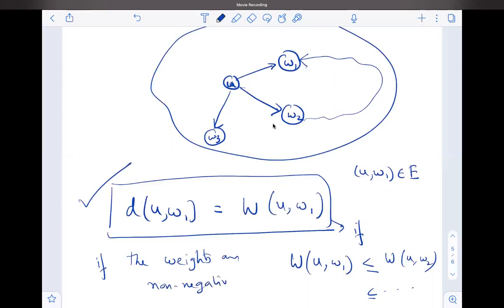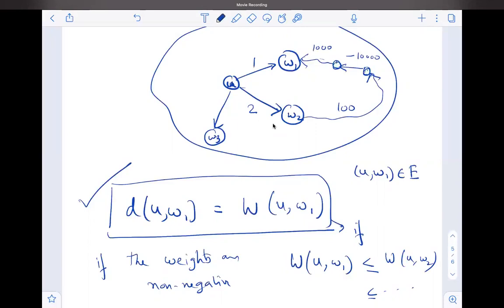You can have a negative weight, and there is an edge coming in somewhere in a very weird place. Maybe the weight of u to w1 is 1, maybe the weight to w2 is 2. Maybe this vertex is 100, this vertex is 1000. But from this vertex to this vertex, the weight is say minus 10,000.